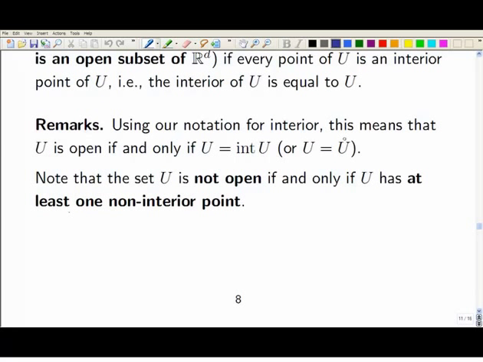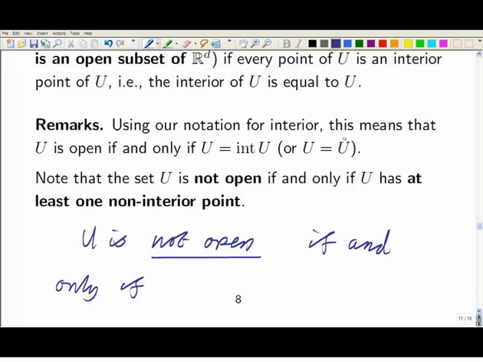So U is not open, a very important term to know, because that's the correct negation of being open, if and only if the set of non-interior points of U is not empty. There must be at least one point of U which is at its edge, at least one point of U which is a non-interior point of U.